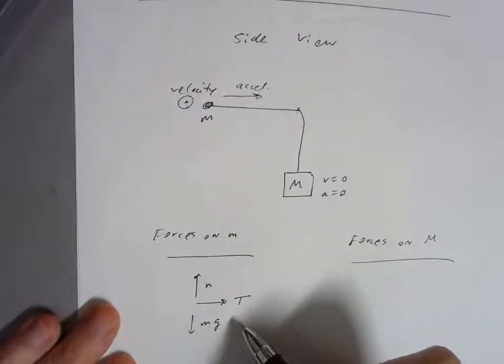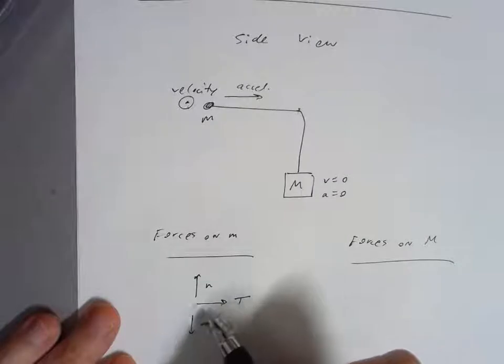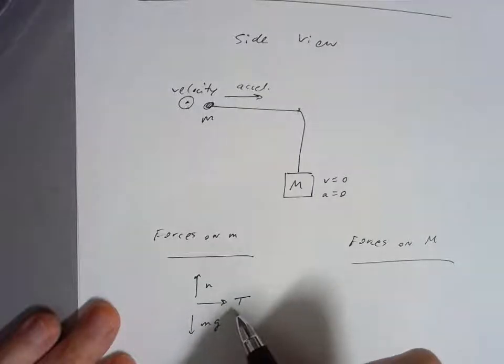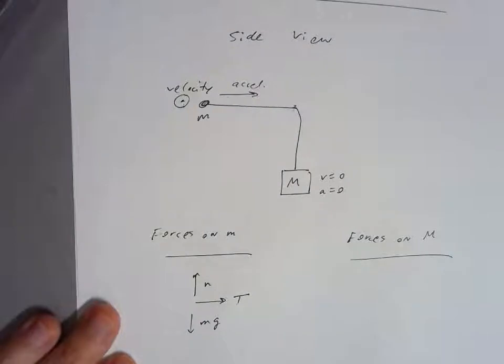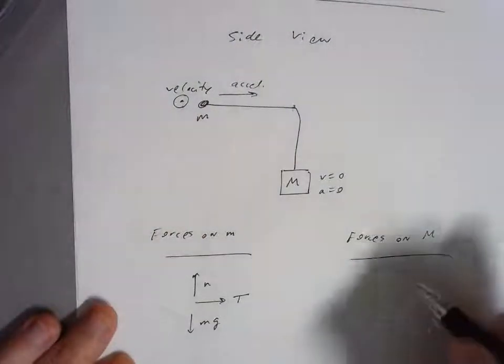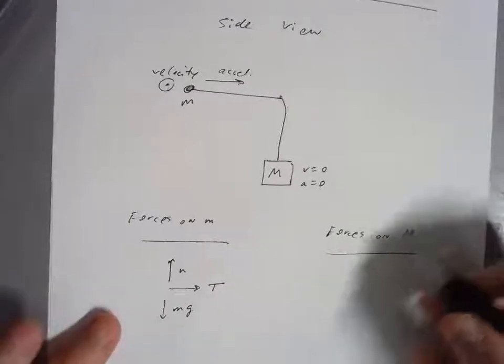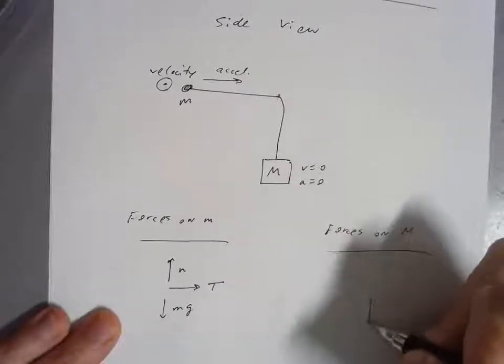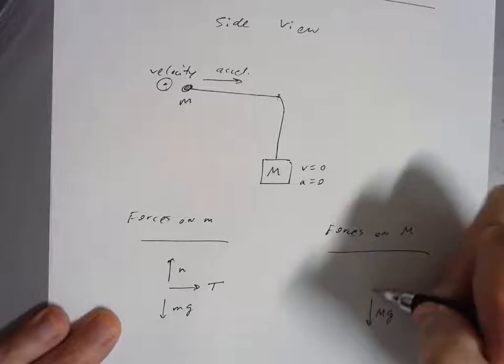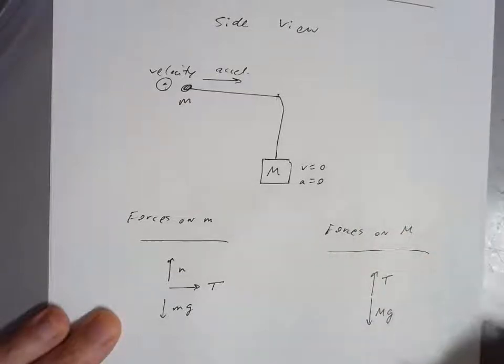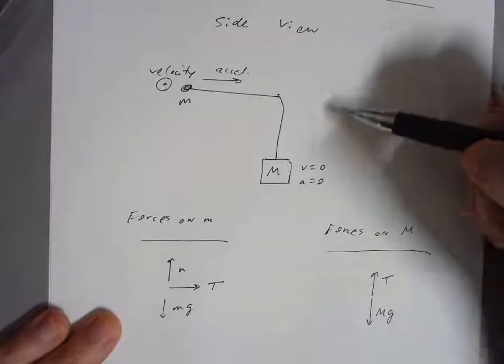This matches up with our picture because there's a net force to the right caused by that string, and that's why it's accelerating towards the right, which is towards the center of the circle. For the big mass, we have big Mg, and we have tension from the other end of that string, which is the same. And I think the problem said there's no friction with the table, so I didn't put any friction.